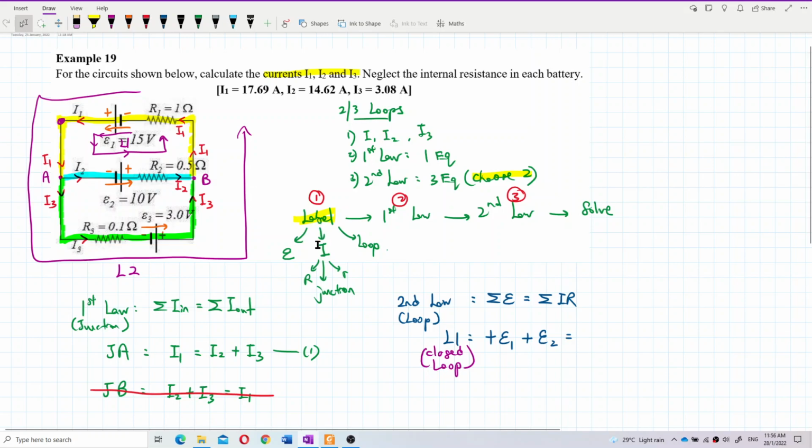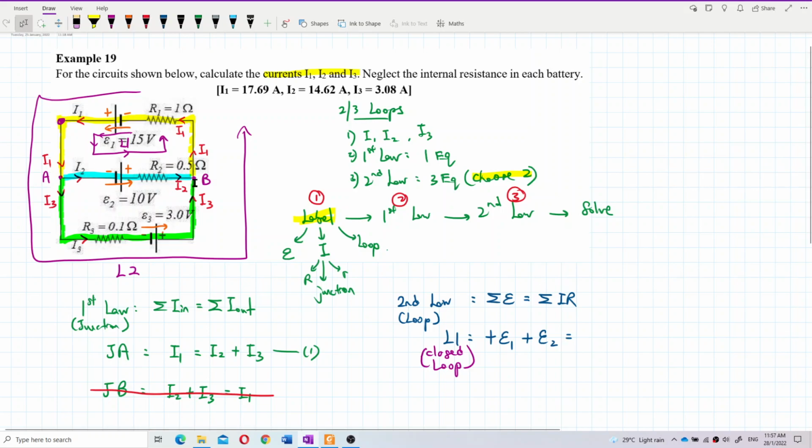That's why I need to label the current at the resistor, so that later on to determine the IR, I will have the current to compare with the loop direction. Understand? So resistor 1, what's the current passing through? I1. It's I1 passing through R1, not I2, not I3. You must know where the current is. I1 is at the yellow circuit here.